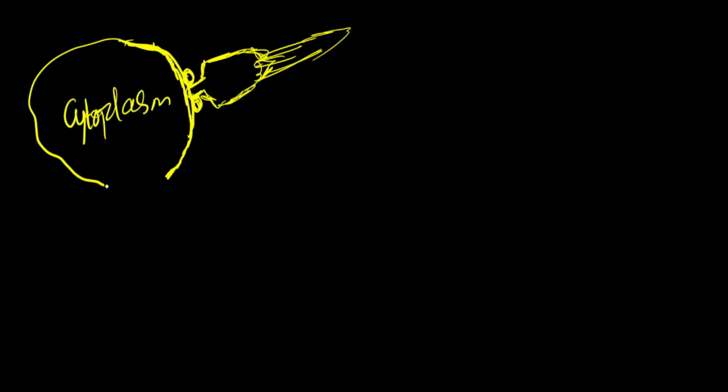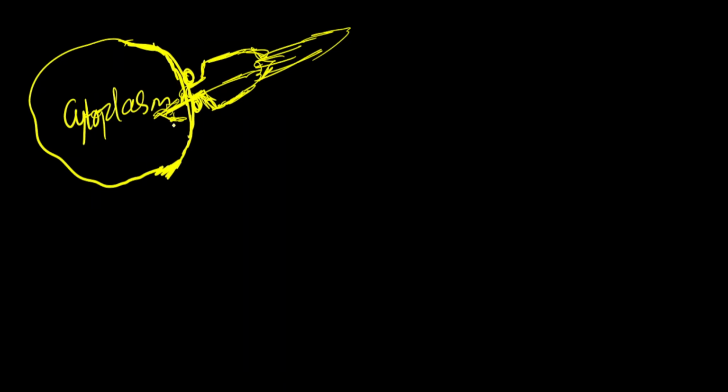Rather, the cytoplasmic content of the sperm enters into the cytoplasm of the ovum, and the plasma membrane, or the cell membrane, of the sperm cell remains outside the ovum. So once it binds to this receptor, we have the entrance of the cytoplasmic content of the sperm.